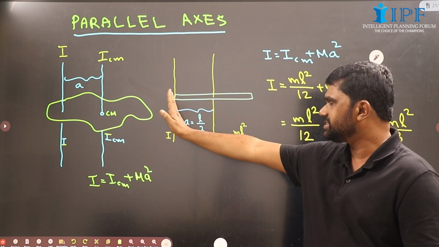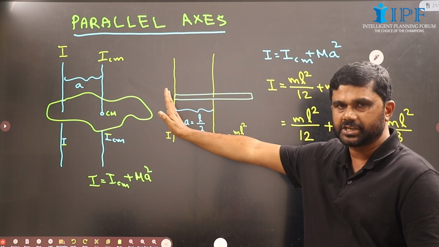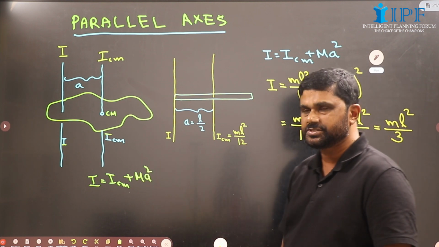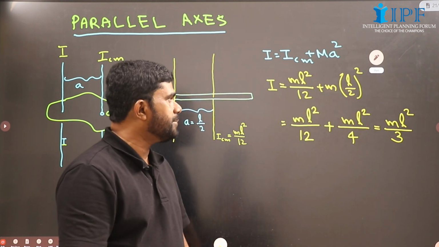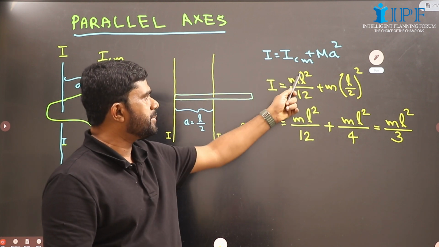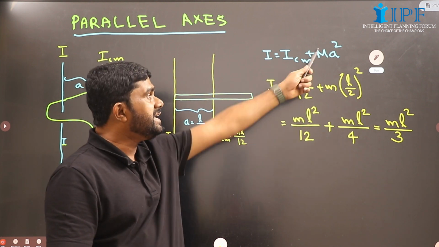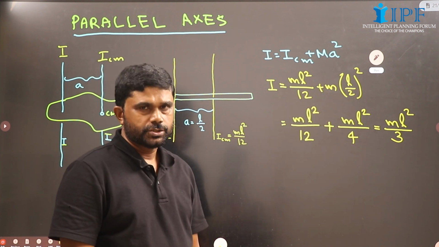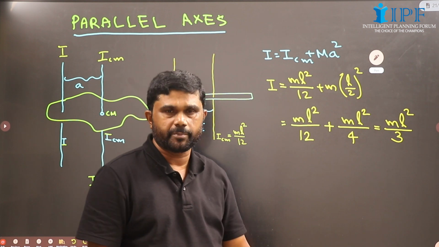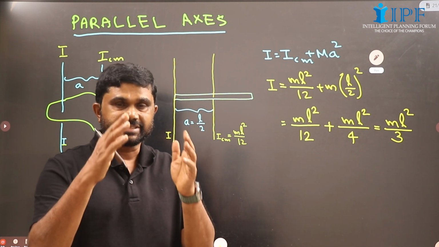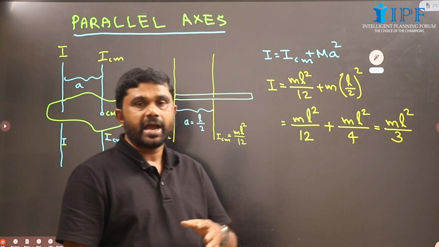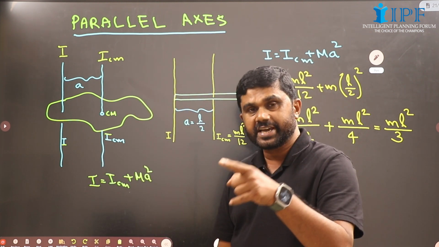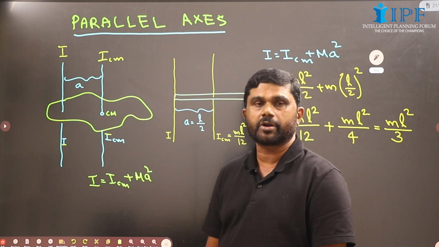This is a parallel axis passing through the center of mass. So we apply the formula I equals ICM plus ma square, where ICM equals ml square by 12 and a equals L by 2, half of the length of the rod. So L by 2 whole square. If you add these two, you will get ml square by 3. So the moment of inertia about the central axis is ml square by 12, and about an axis passing through one of its ends and perpendicular to its length it is ml square by 3.